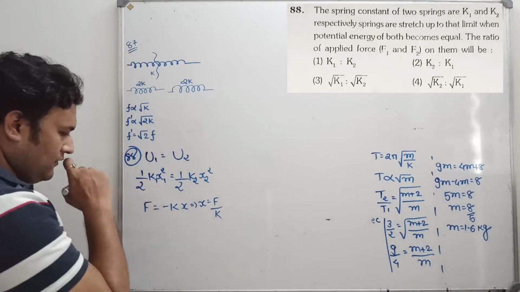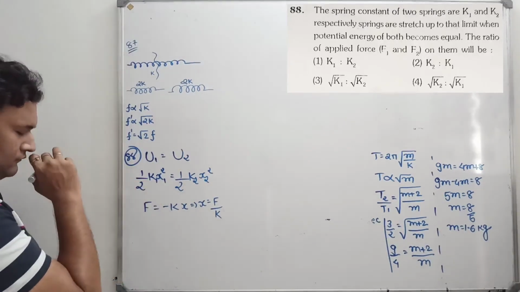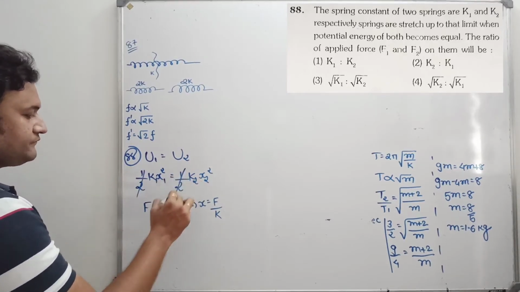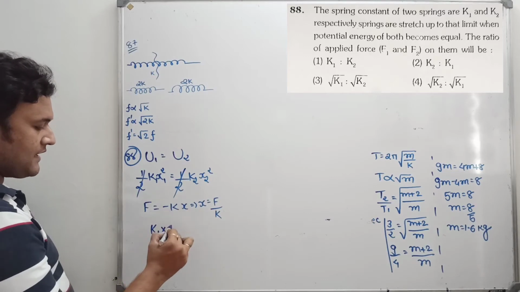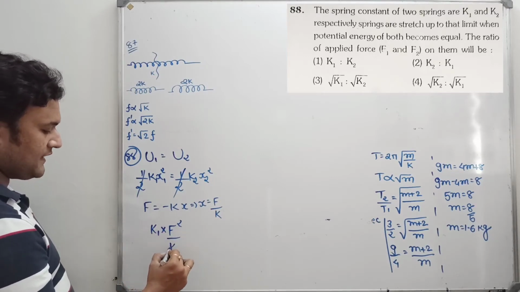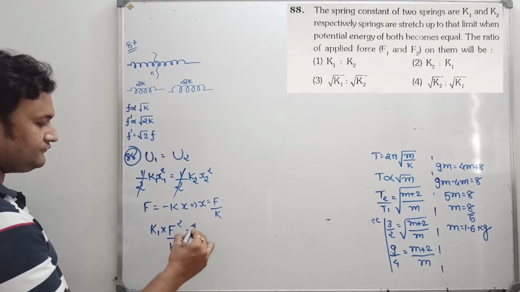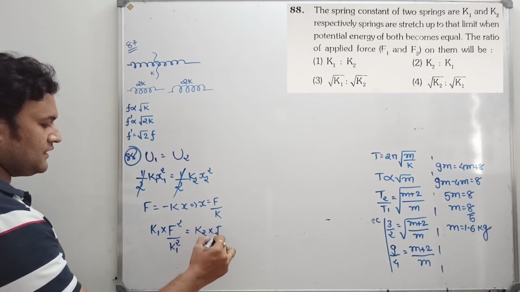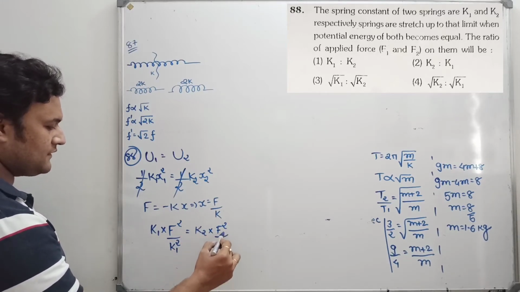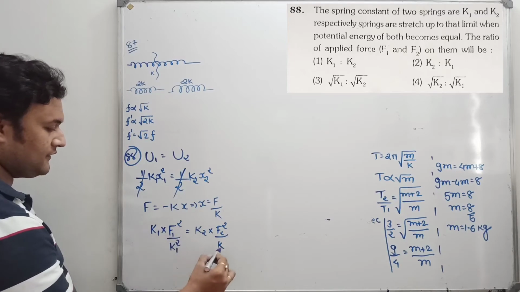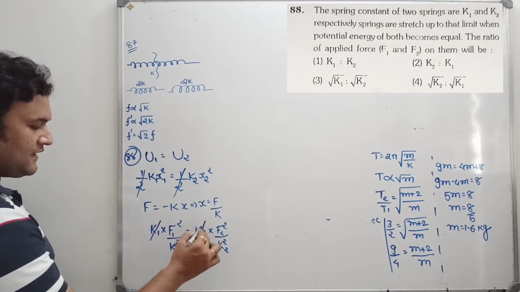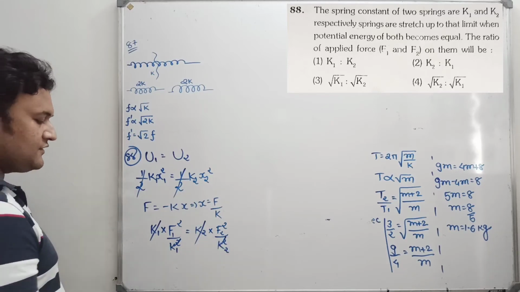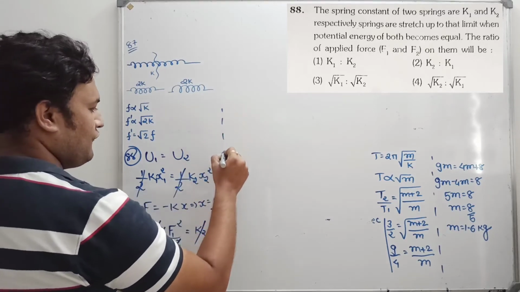ચલો આને આની અંદર મૂકી દઉં છું. 1/2 k1 F1 square upon k1 square, 1/2 k2 F2 square upon k2 square. ઓકે, તો આને કેન્સલ કરીએ. ચલો તો હવે આપણે અહીંયા રેશિયો કોનો ફાઇન્ડ કરવાનો છે?